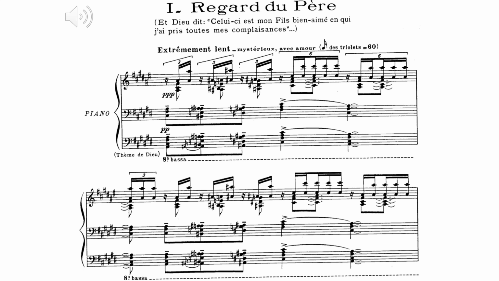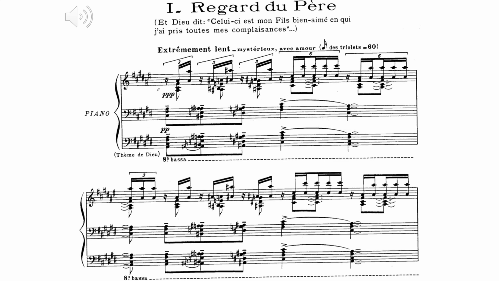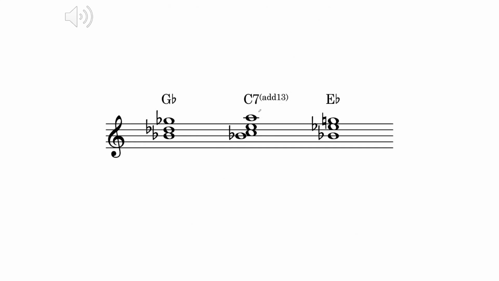What we hear in this passage is actually a chord progression consisting of 3 chords only. If you look at the score, the first one is an F sharp major chord, and the second one is a C dominant 7th with an added 13th.